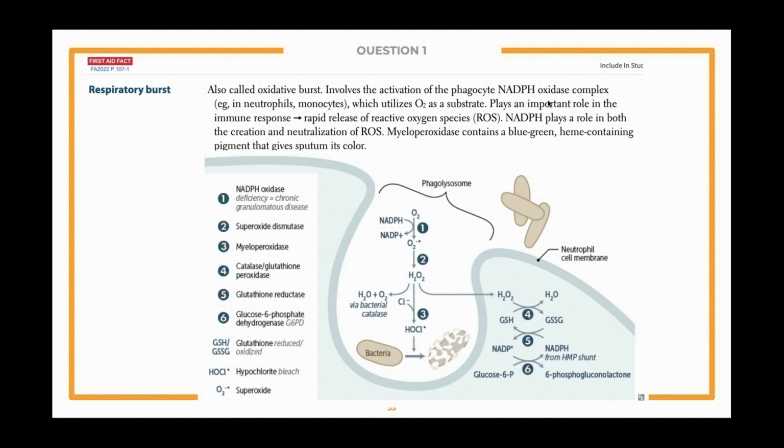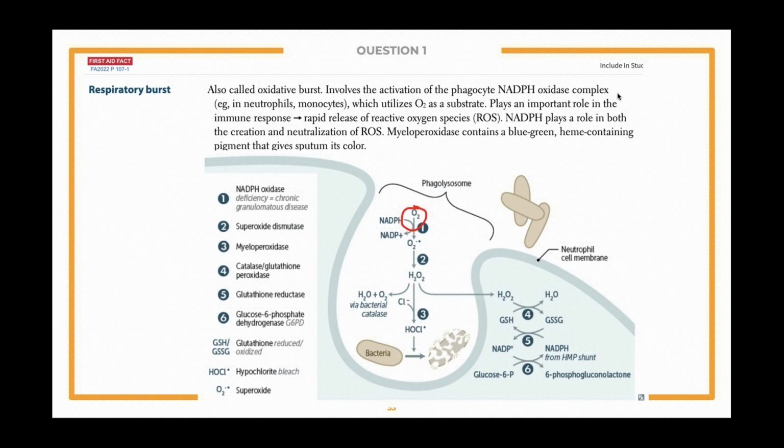And you can see there from that image, the substrate for enzyme number 1 is oxygen, okay? So oxygen is a substrate for NADPH oxidase. It's converted into superoxide anion that then gets converted eventually into hydrogen peroxide and then other reactive species that destroy the pathogen.